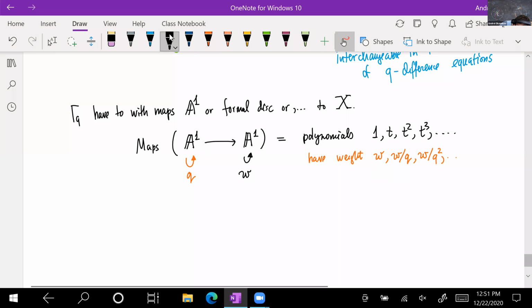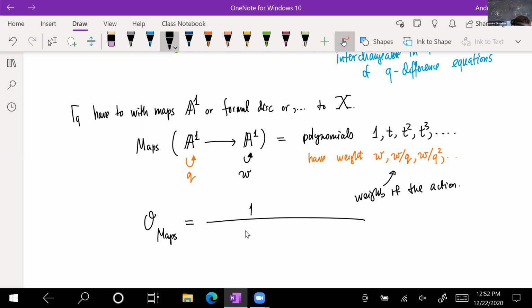So these are the weights of the action. And so if I take the structure sheaf of the space of maps, this has a character, which is, I have all these functions, and so I put 1 over.